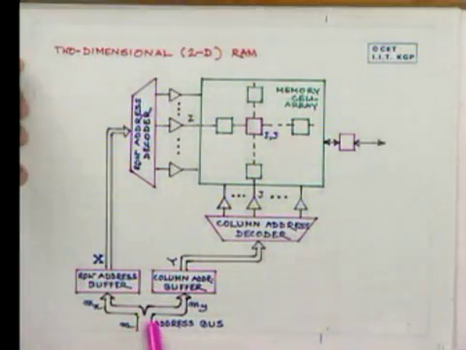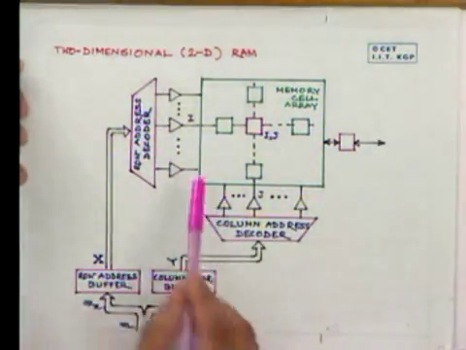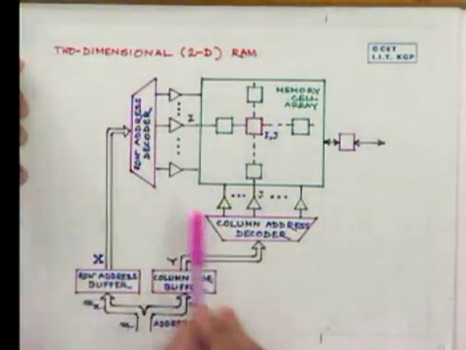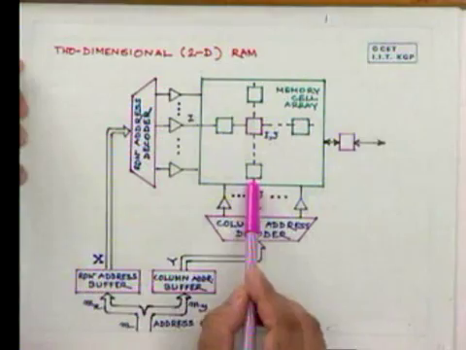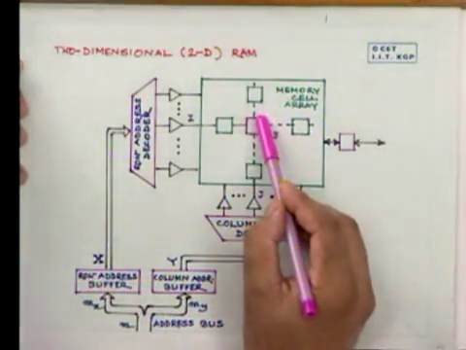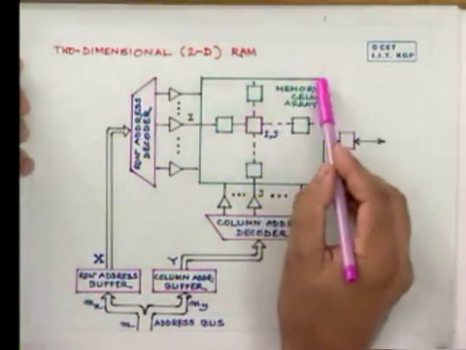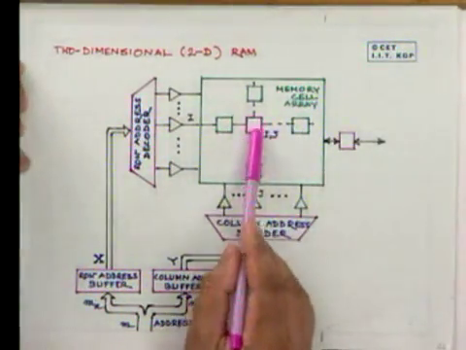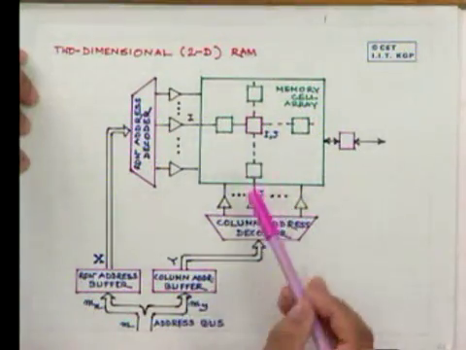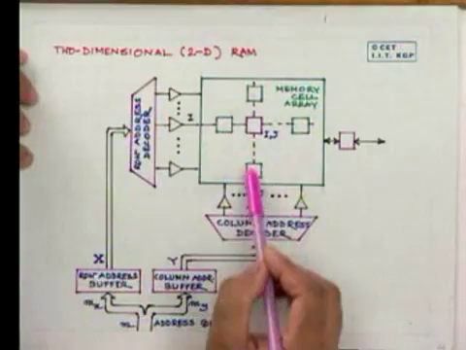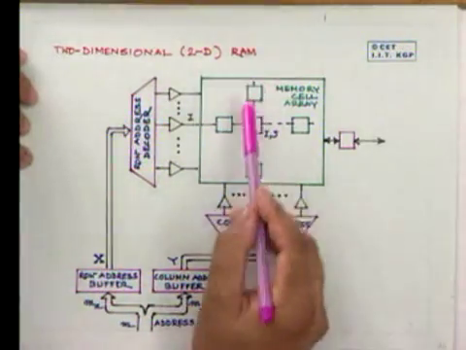For a particular address, say the ith line will be active here and the jth line will be active here, depending upon the values of MX and MY, and one particular cell within this memory cell array will be active, which has been shown in pink. Now this is fully selected. Other cells in these columns are half selected.